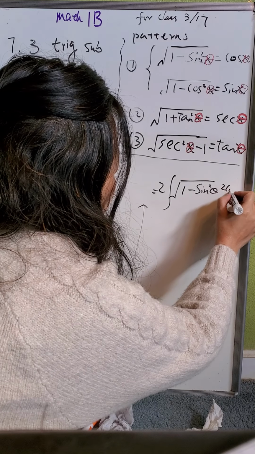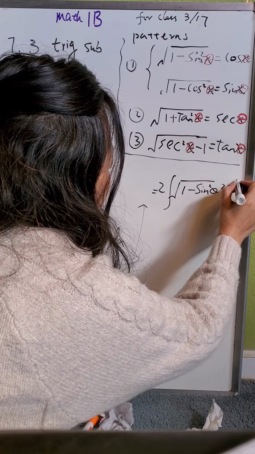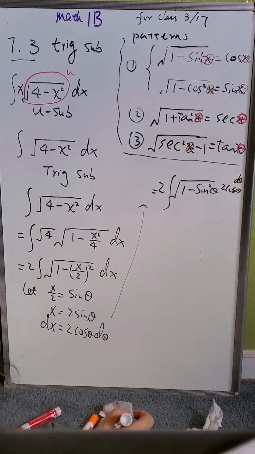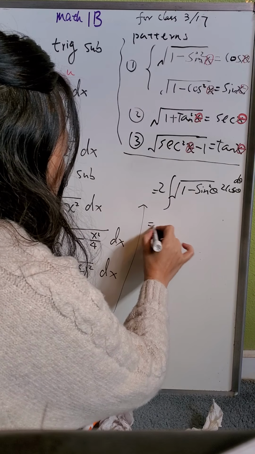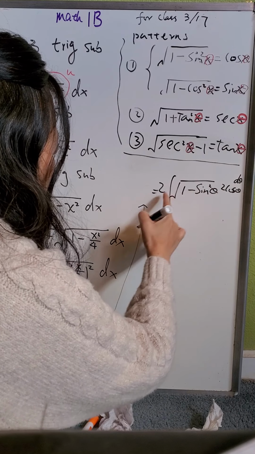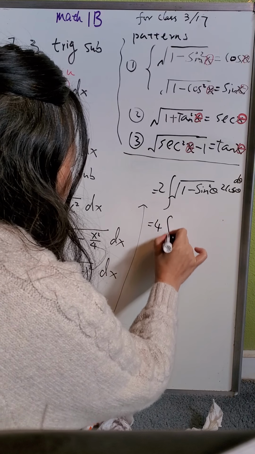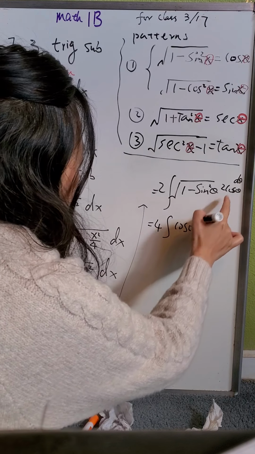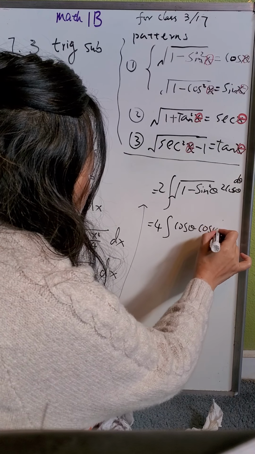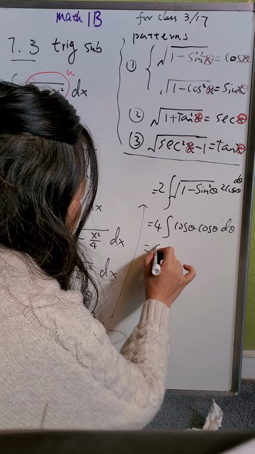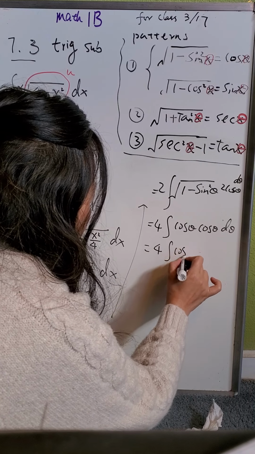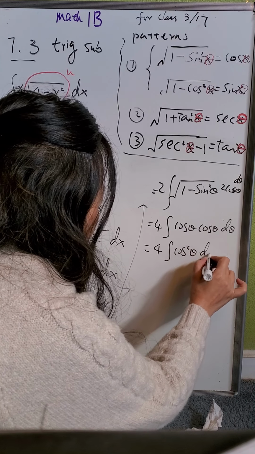I don't have enough room here, or you can just come out directly. This is just cosine theta. So I put the 2 in, so 4 cosine theta, and then I still have a cosine theta here, and d theta. So now I have 4 cosine squared theta d theta.